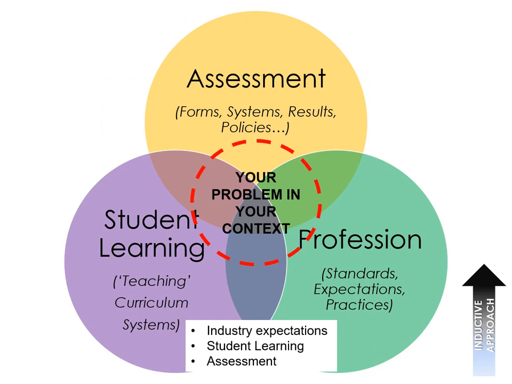But we've already said that we think the problem we're interested in is located in relation to student learning practices, the way we're assessing, and that this is impacting on the profession itself, in what industry expects. So there we already know we have three core terms. So that focus, that zooming in, gives us the niche. This is the space in which our research is going to make a difference.